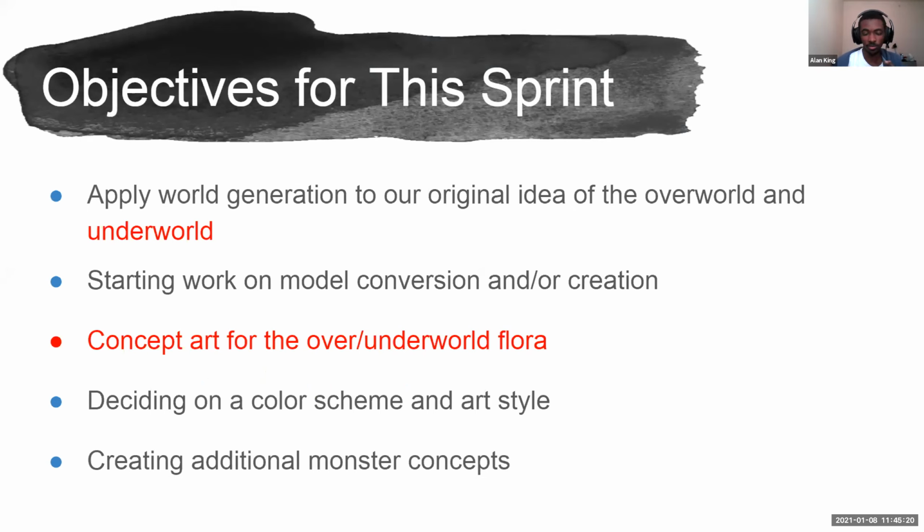Then we're going to be working on model conversion and creation of that. The concept art for the overworld and underworld flora, designing the color scheme and art style, and creating additional monster concepts. We got most of this situated, but there are still more concept art to work on.